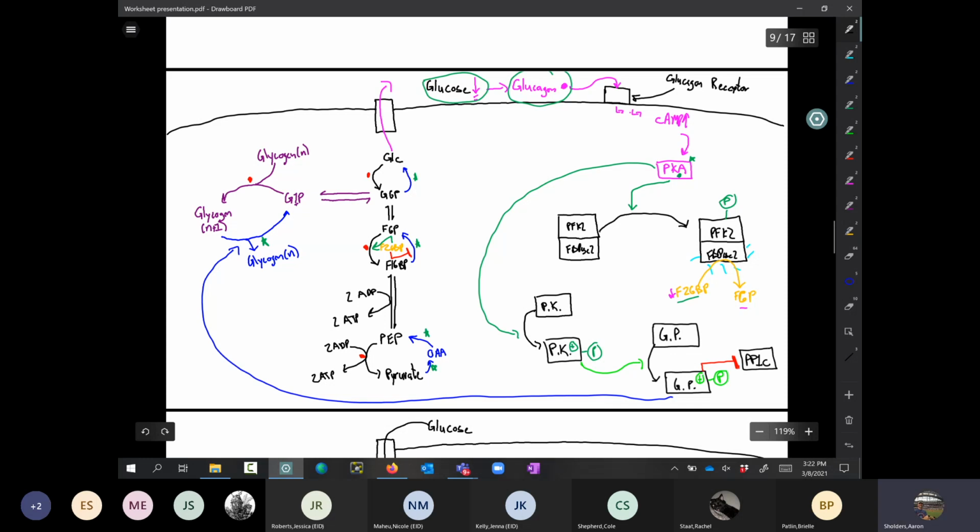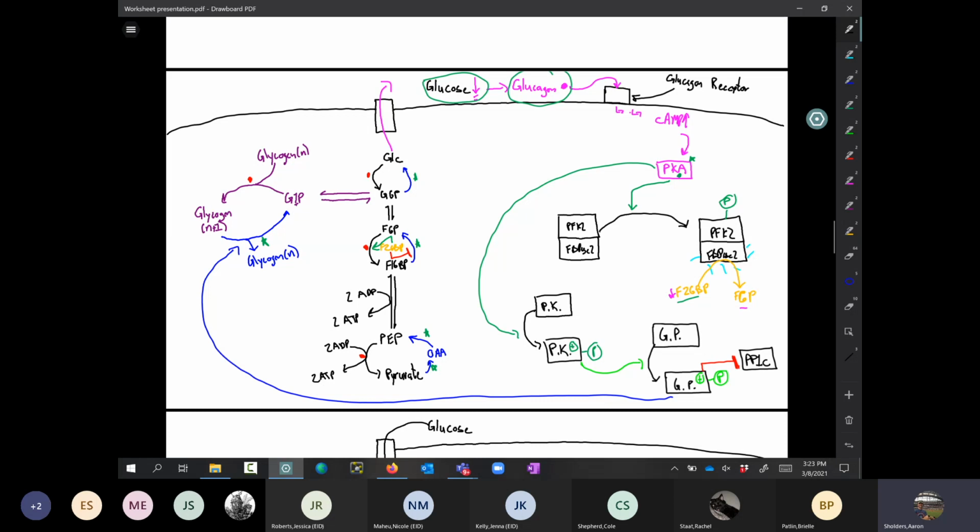And you say, PP1C, that's right. Why do I care about that again? Because PP1C will undo pretty much everything that PKA does. Because PP1C is going to dephosphorylate phosphorylase kinase and glycogen phosphorylase and all sorts of things.